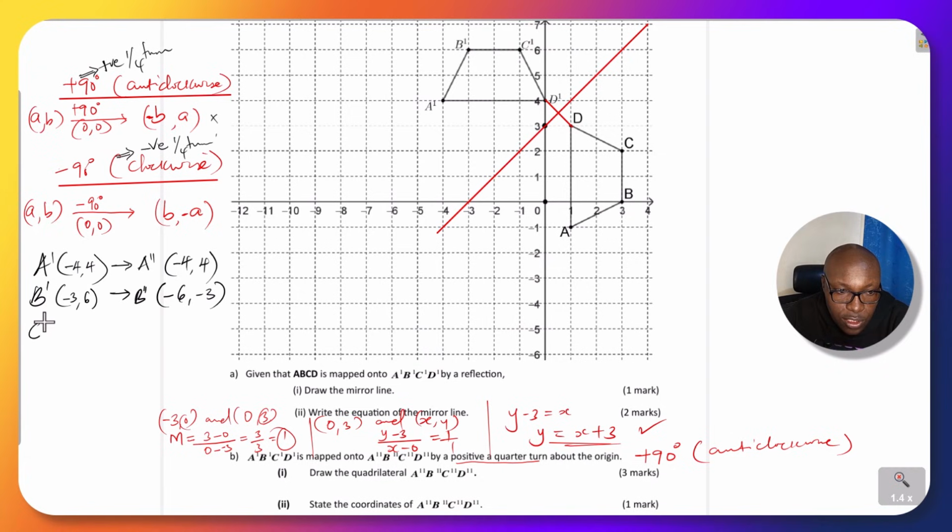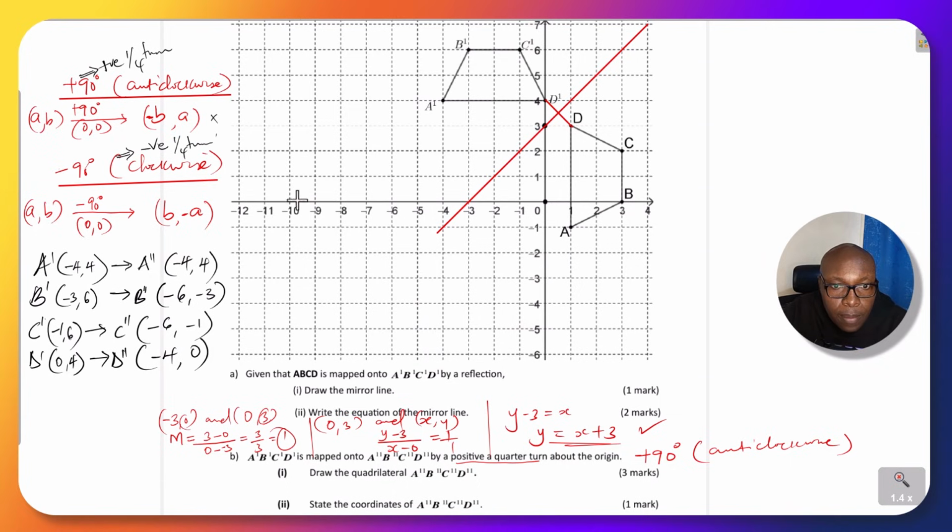So for C prime, you have negative 1, 6. So C double prime will be negative 6, negative 1. And then D prime is 0, 4. So D double prime will be negative 4, 0. So I can plot them.